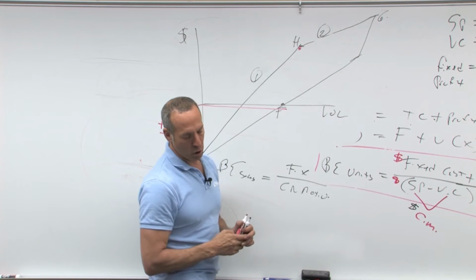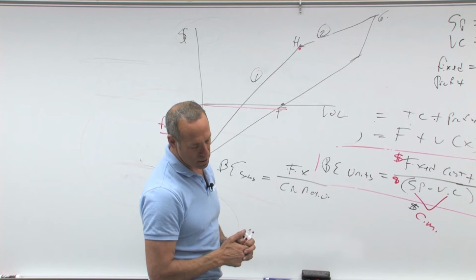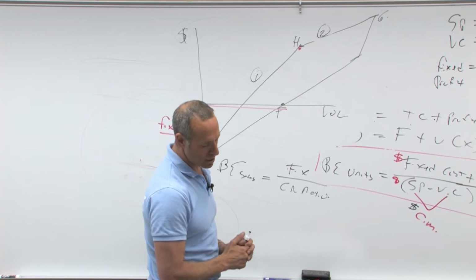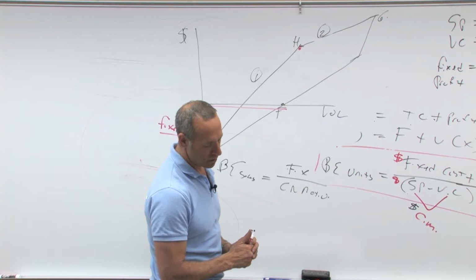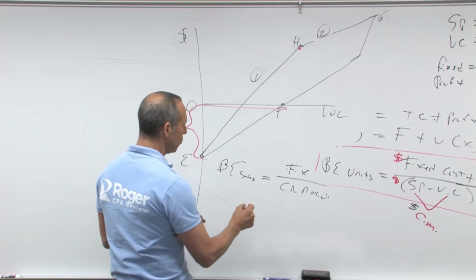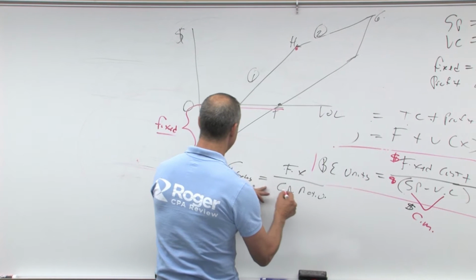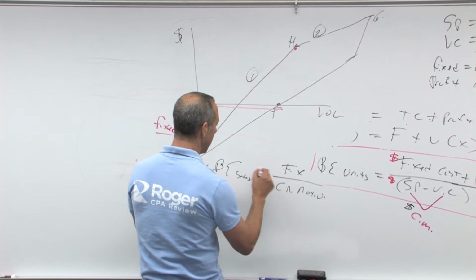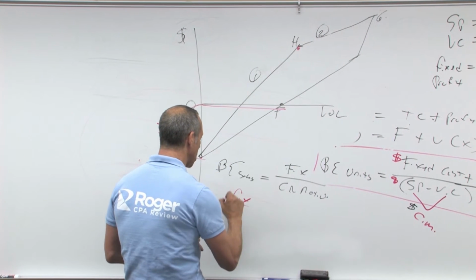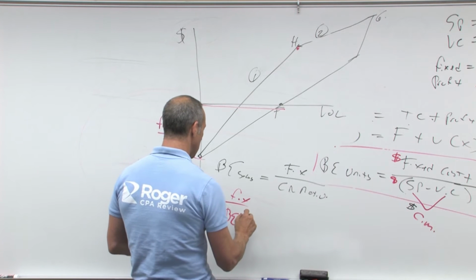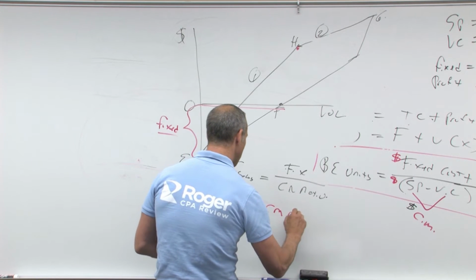Therefore, if you end up with fixed over break even, that equals CM ratio.